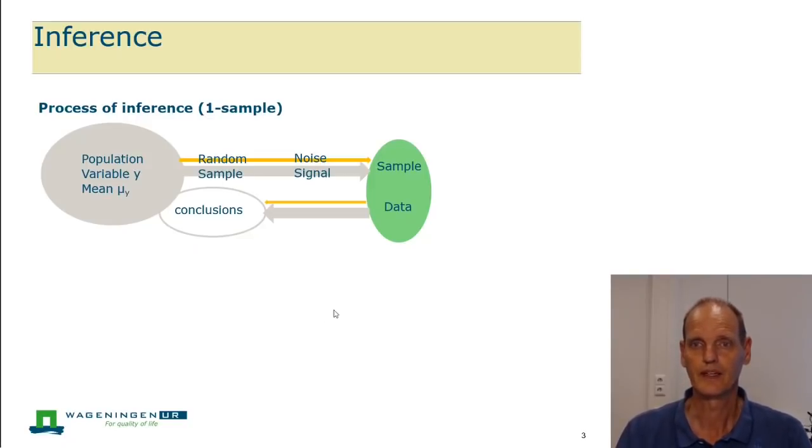The sample data contain signal that is really representative of the population, but it also contains some noise, which would vary from sample to sample. If you would take many samples, each time the noise would be different, but the signal would be, let's say, the same. Well, using the sample data, we would then draw conclusions.